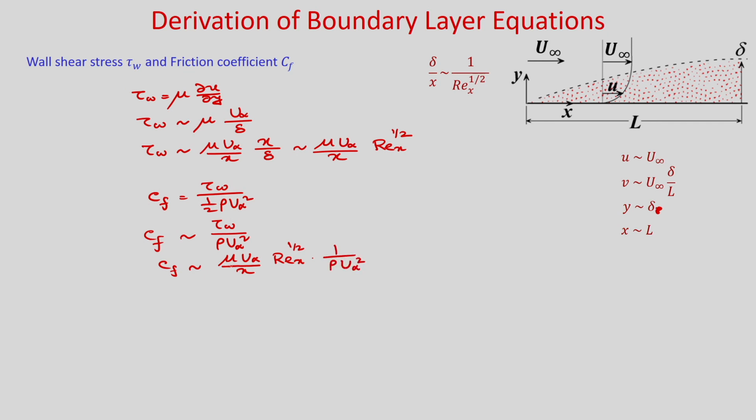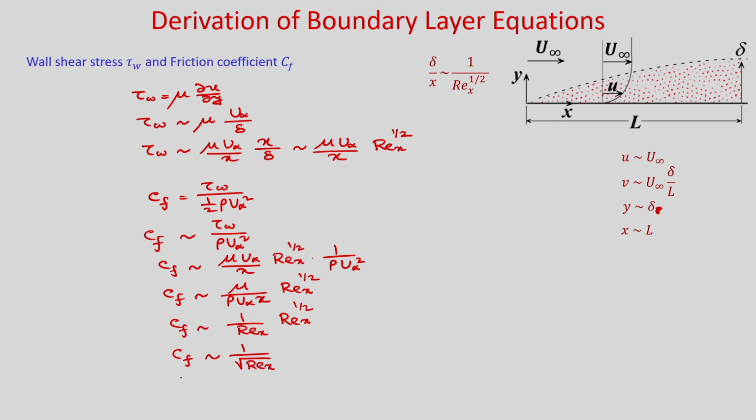If you rearrange, C_f will be of the order of mu by rho u infinity x, times Re_x to the power half. This is your 1 by Re_x, okay, times Re_x to the power half. So, you can see that C_f will be of the order of 1 by root Re_x.